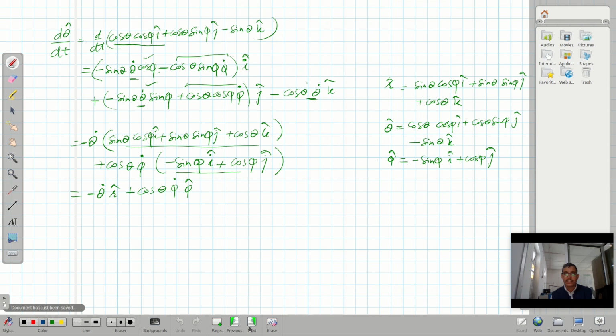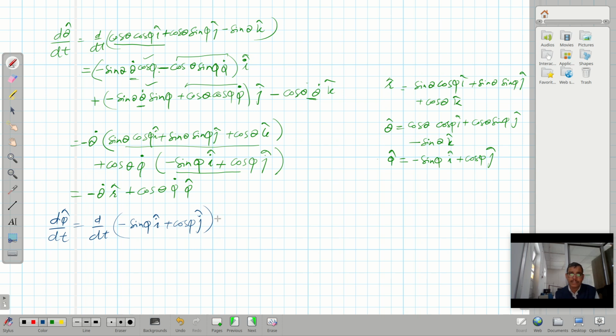Let's go to the next page again. So d phi cap over dt can be written as d upon dt of minus sin phi i cap plus cos of phi j cap. So what should I do?